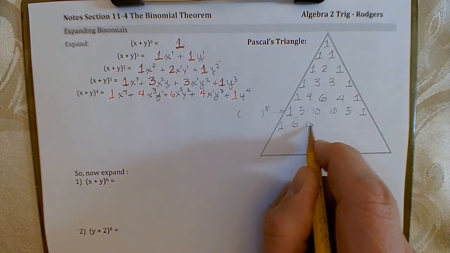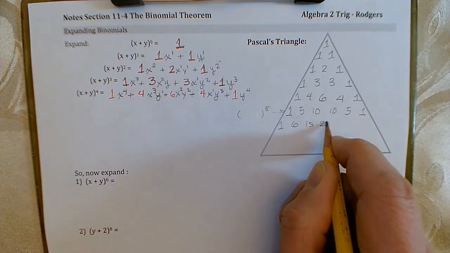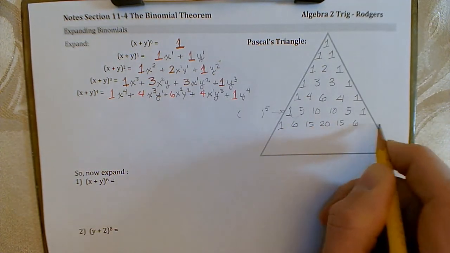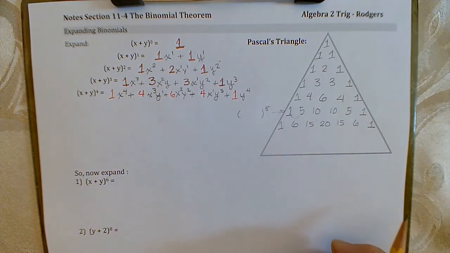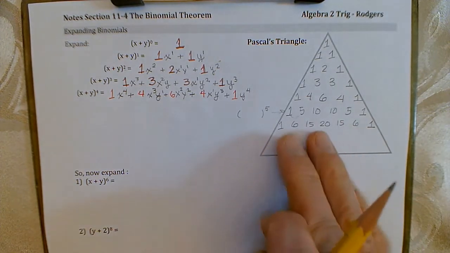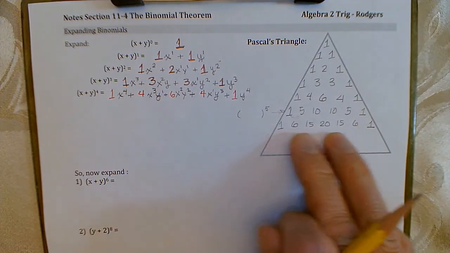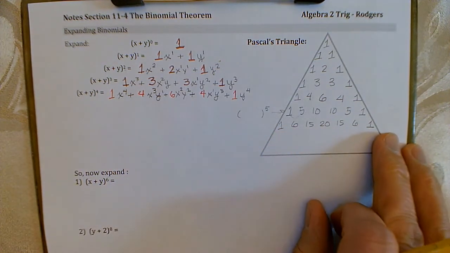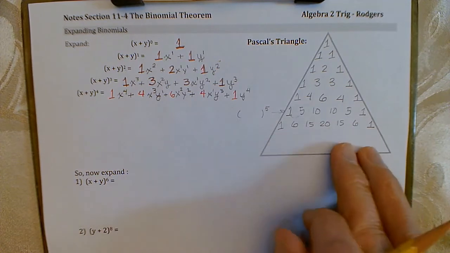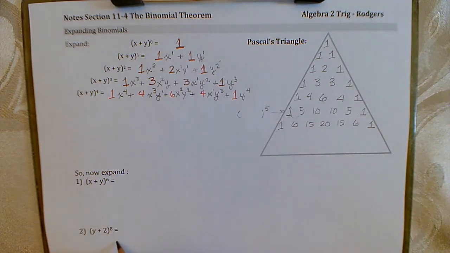These 2 add up and give me a 15. These 2 add up and give me a 20, 15, 6, and 1. So this would be if I took a binomial and raised it to the 6th power. These would be the coefficients. Now, it's not always the final coefficients, but it's the starting point. And we'll talk about that when we do example 2 down here.